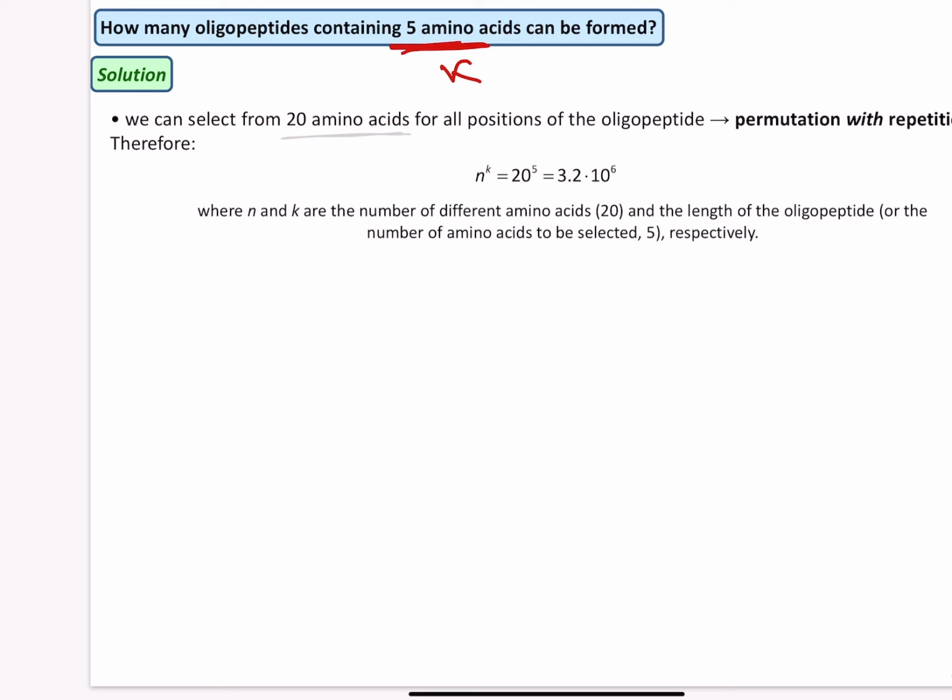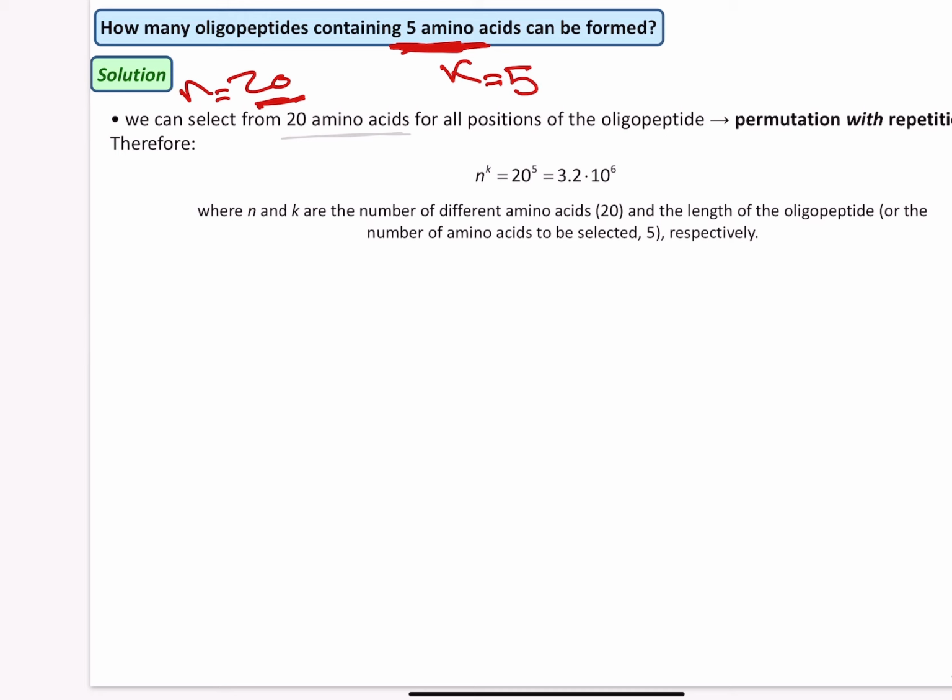Out of how many can I form these amino acids? He didn't give it to me, but I know that the amino acids in the world number 20. So 20 amino acids is N. This is the total number of available amino acids, and he wants to form oligopeptides containing 5 amino acids only. So out of 20, you want to choose 5.